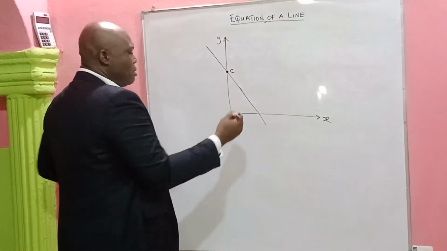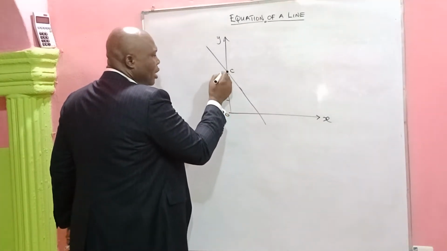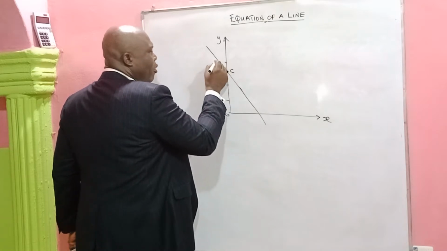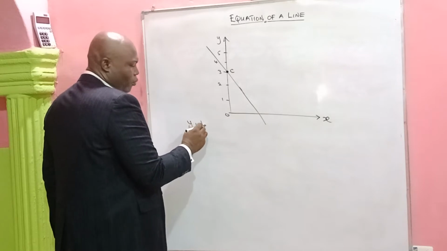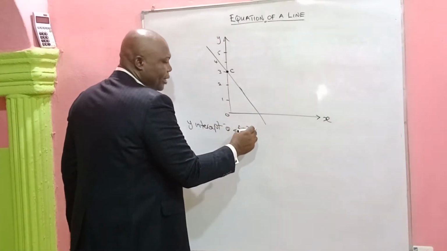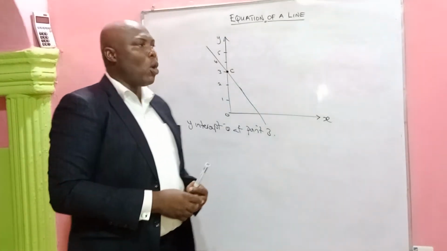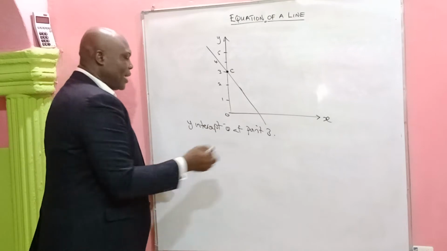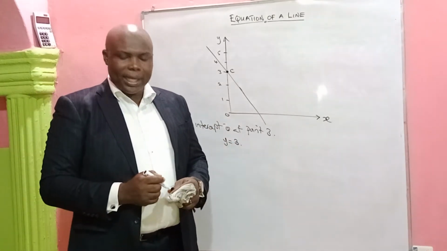Assuming here we have 0, here we have 1, here we have 2, here we have 3, here we have 4, here we have 5. It therefore means that the y-intercept is at the point 3. That's what it means. The y-intercept is at the point 3. So it means that your y will simply be equal to 3. Please take note of that.